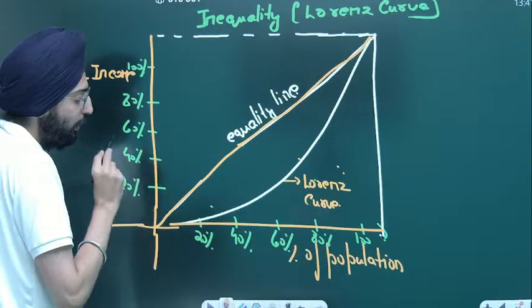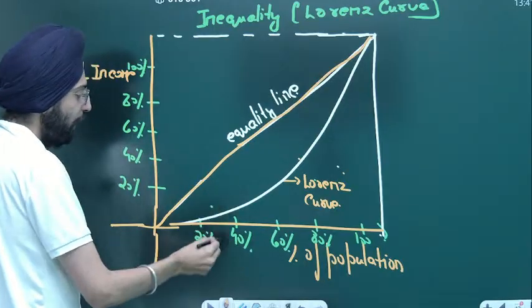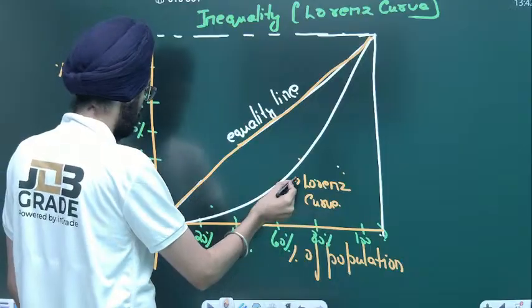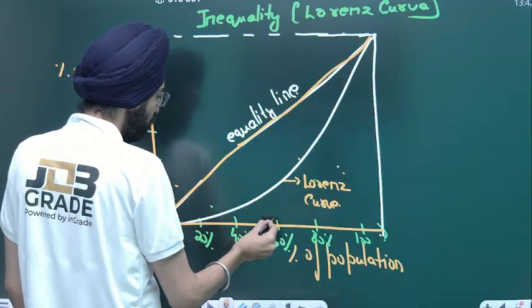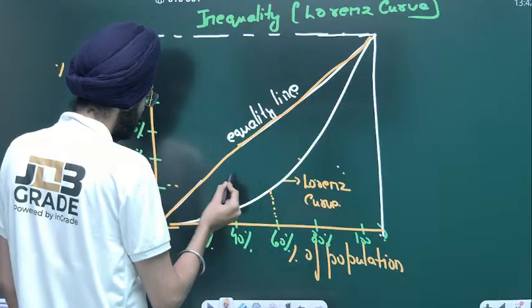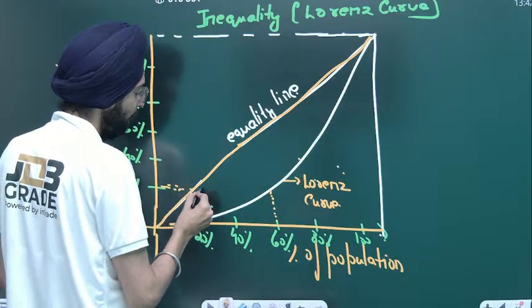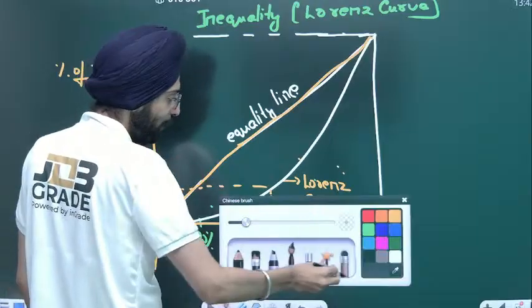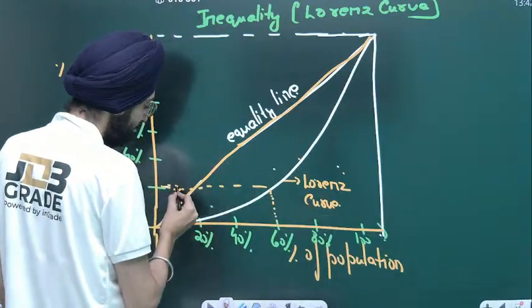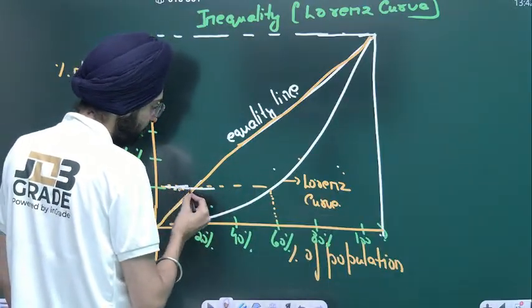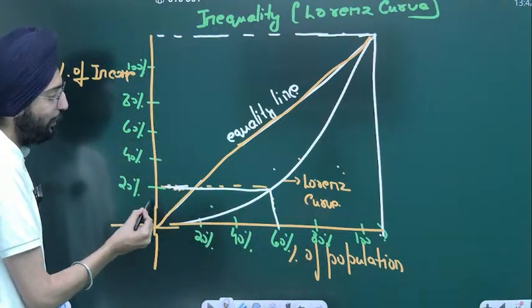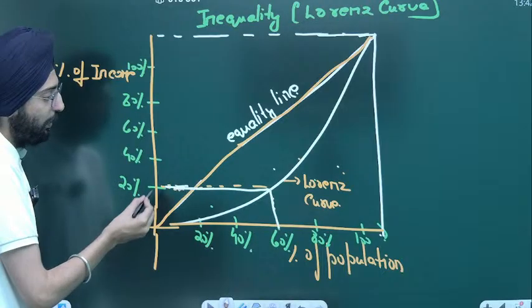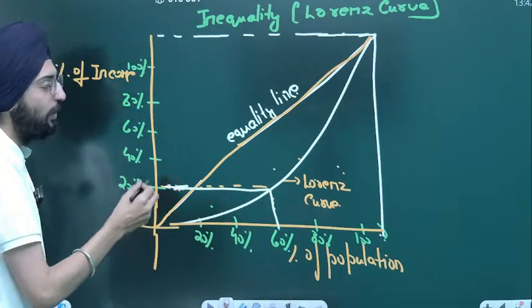What is it showing? Take the example of India. Approximately 60% of the population is holding only 20% of income. See this chart. The remaining 40% is holding 80% of income.